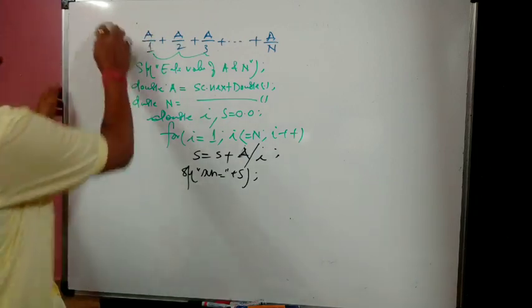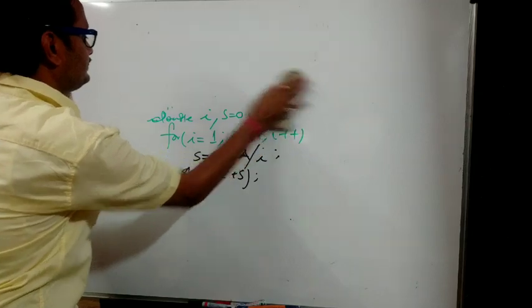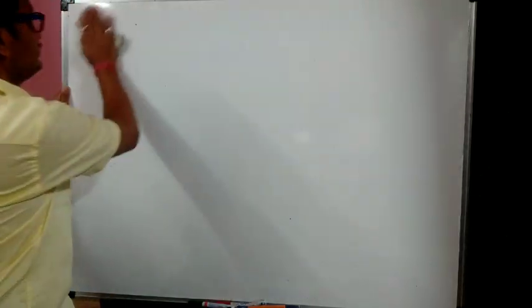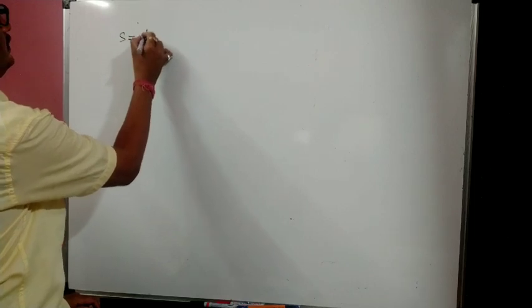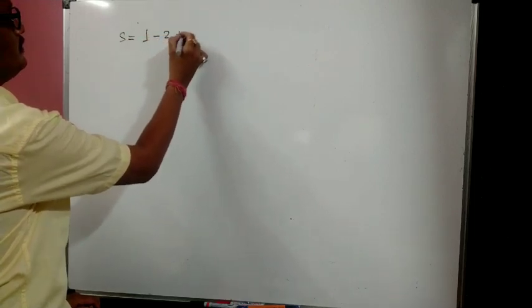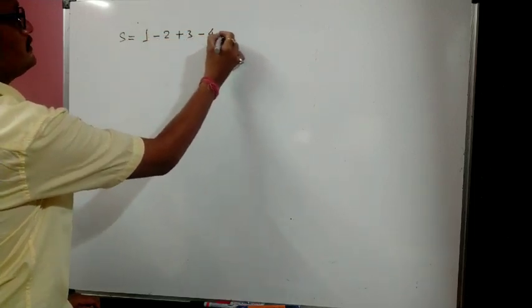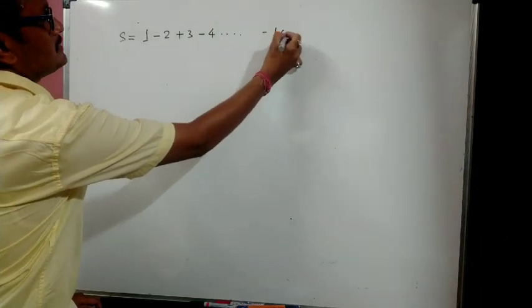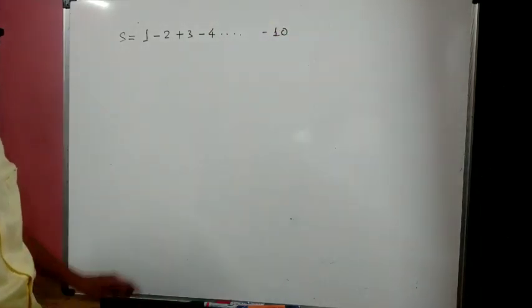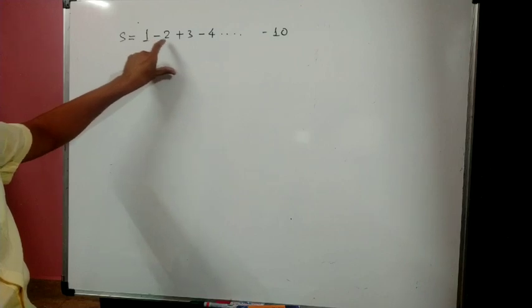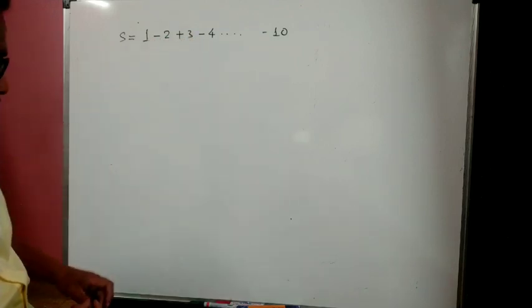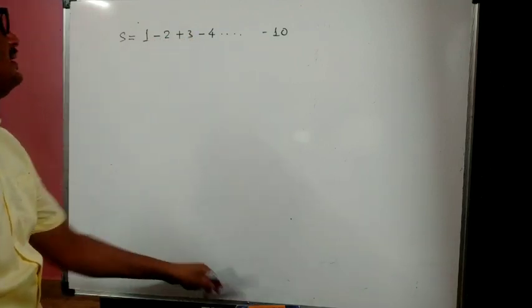Alright, now today's last question. Here is one question: 1 minus 2 plus 3 minus 4 dot dot dot minus 10. When you see carefully, one is plus, one is minus, another is plus, minus. So which part is minus?